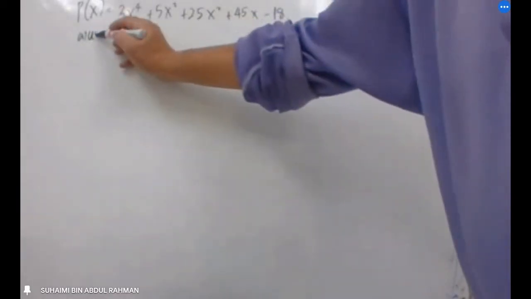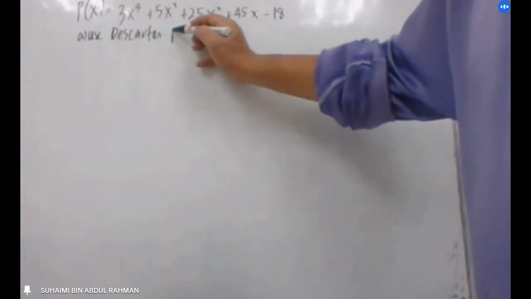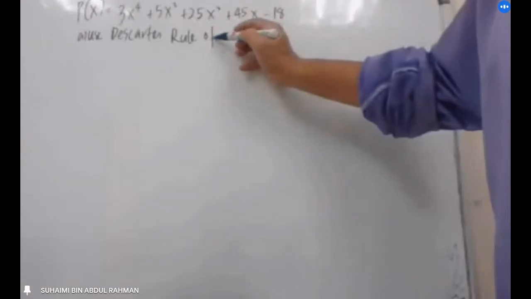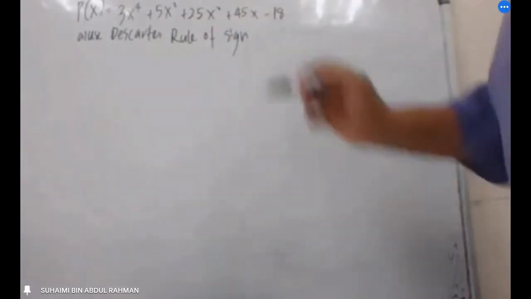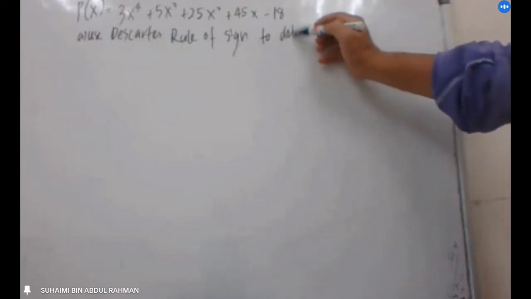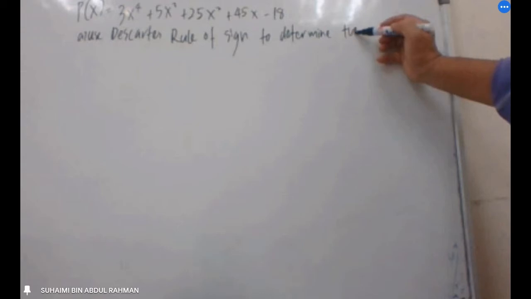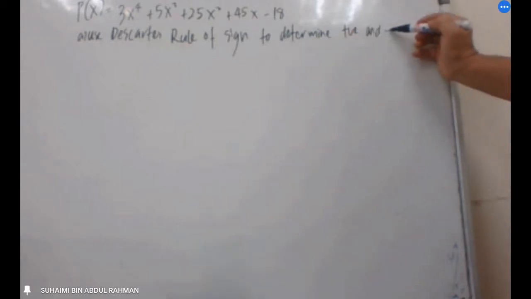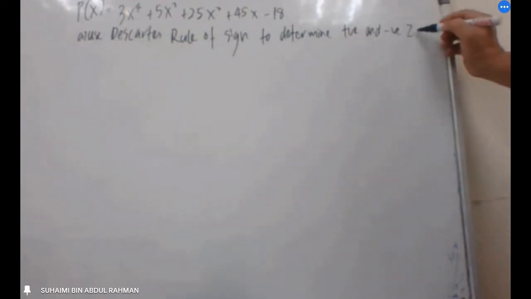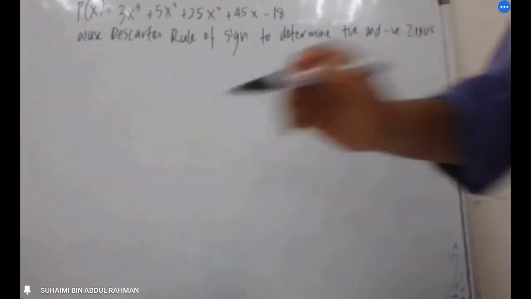A, use Descartes' rule of signs to determine the positive and negative zeros. How many?